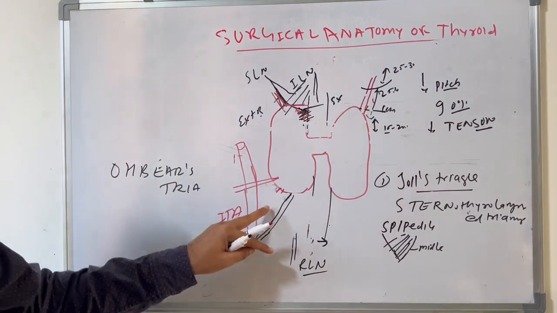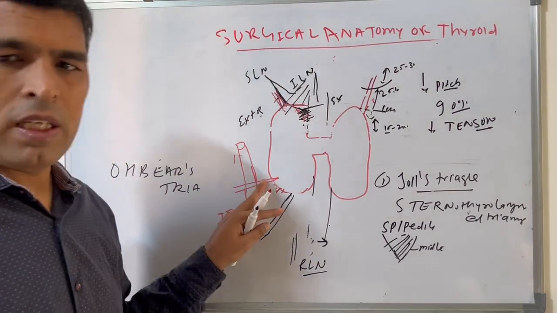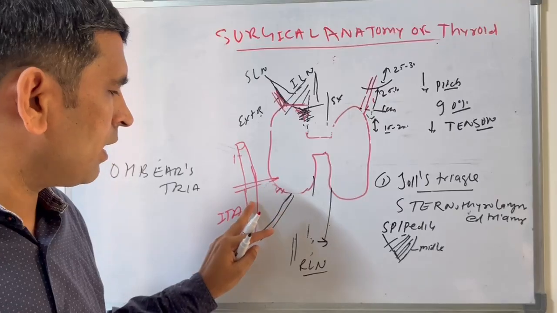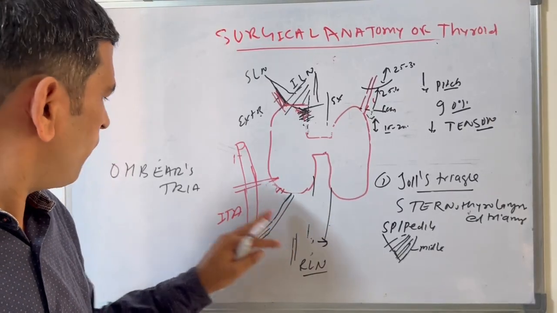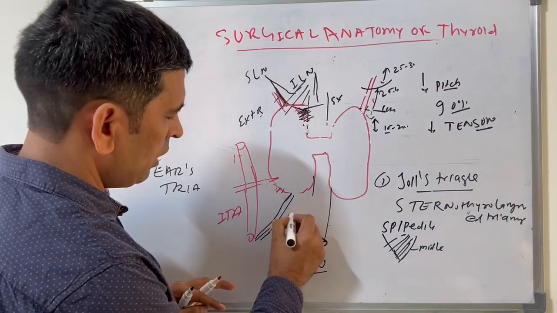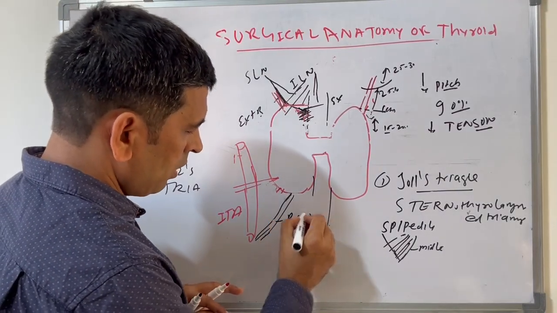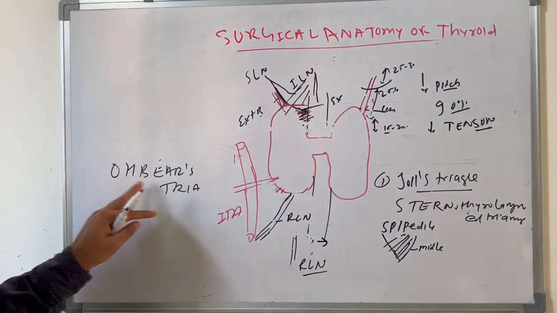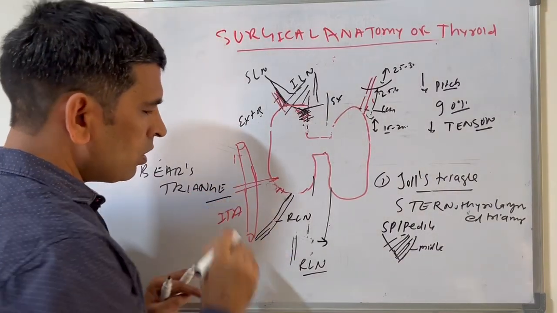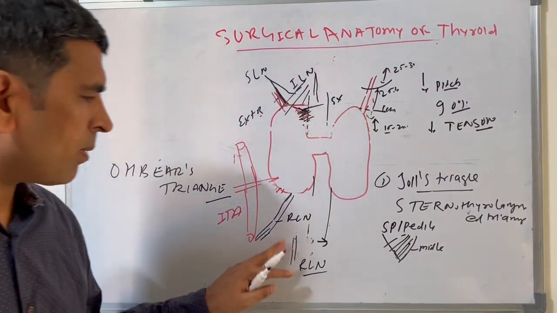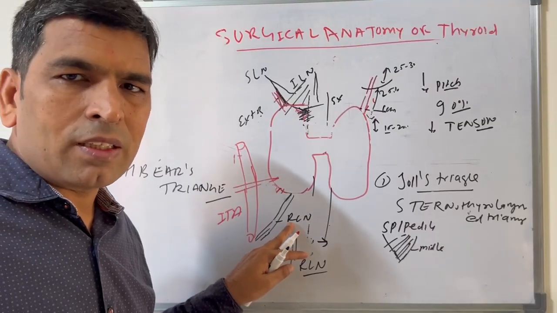So this triangle is Oh-Weir's triangle. Superiorly there is inferior thyroid artery, laterally common carotid artery, and inferomedially is the recurrent laryngeal nerve. This triangle is called Oh-Weir's triangle. So one of the boundaries is formed by the recurrent laryngeal nerve.